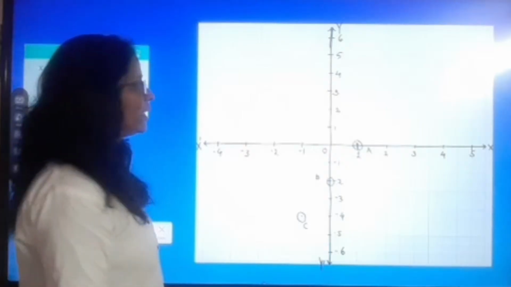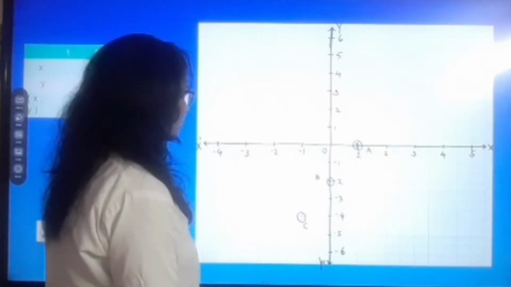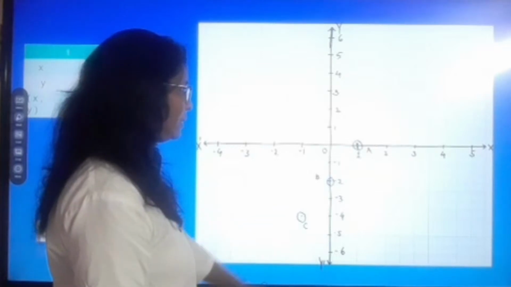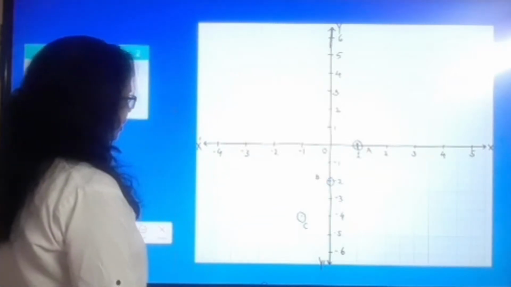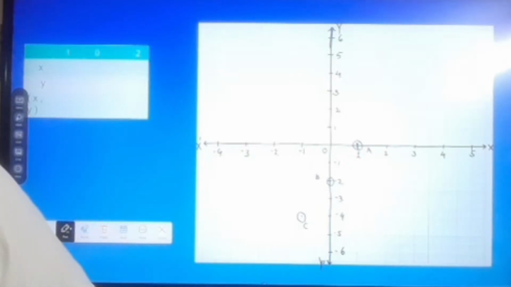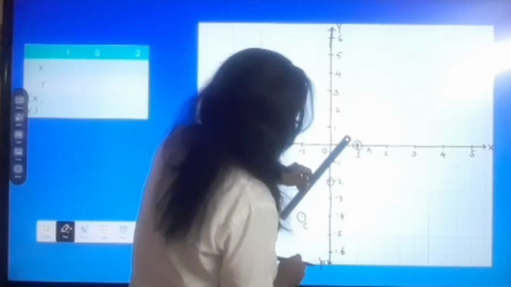Okay, so now we draw the line passing through these 3 points A, B, C. I use the scale here.